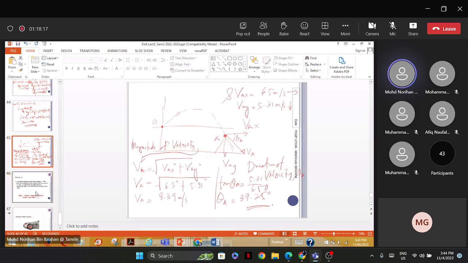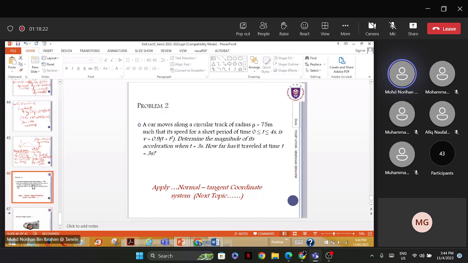Okay, this problem can actually be related to the application of the normal and tangent coordinate system. We will continue with the normal tangent coordinate system next Wednesday. Before that, you can try to solve this problem by using the method of normal tangent coordinate system.